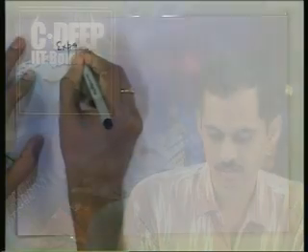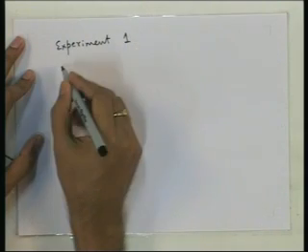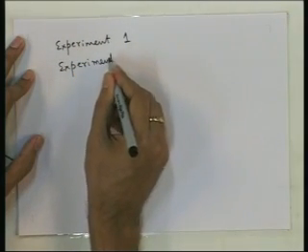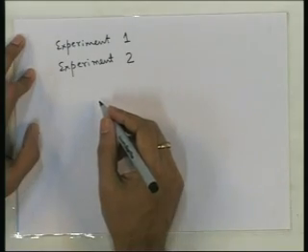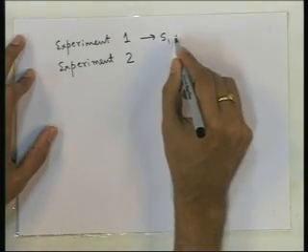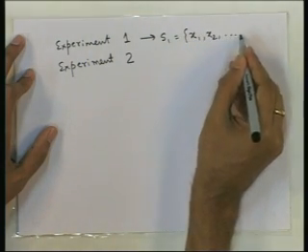Now, if we have two experiments, say experiment 1 and experiment 2 with two sample spaces, say S1, which is this.